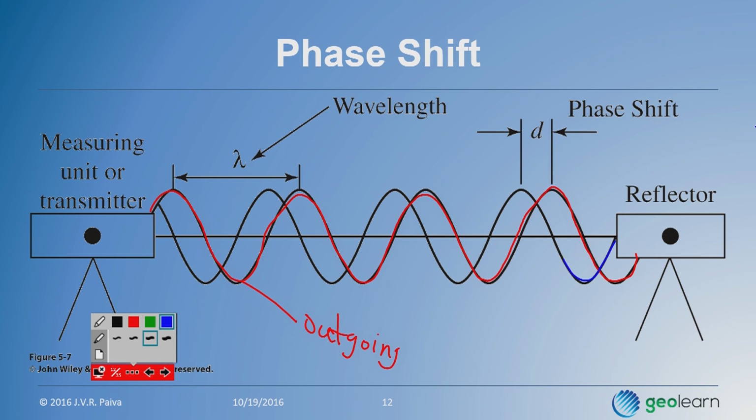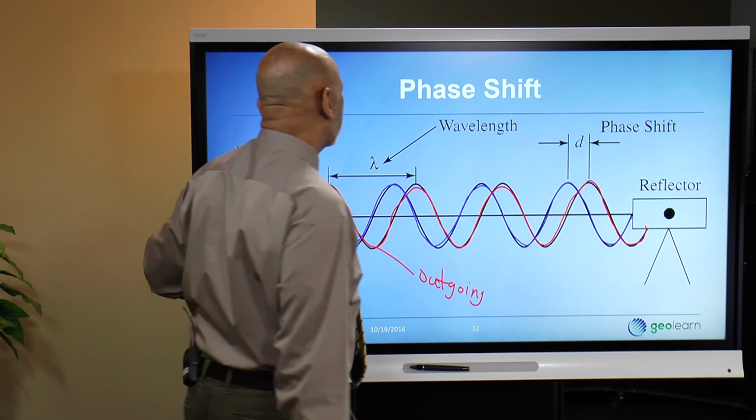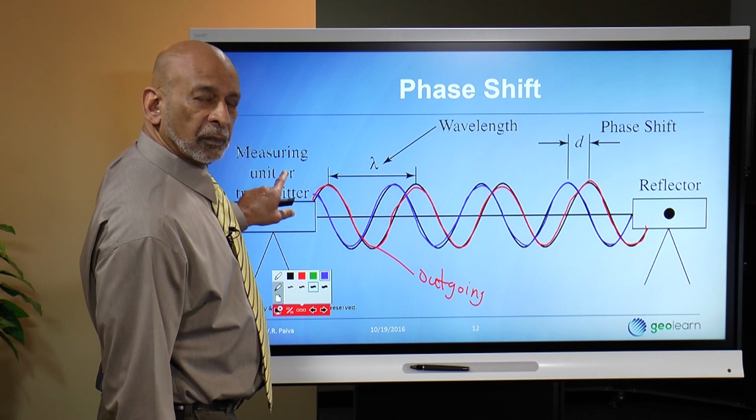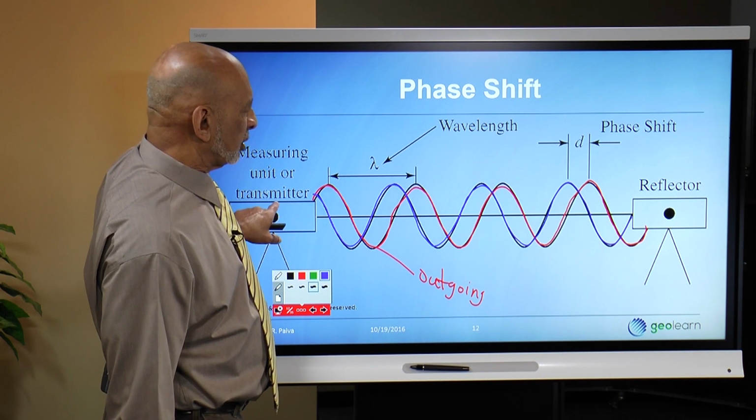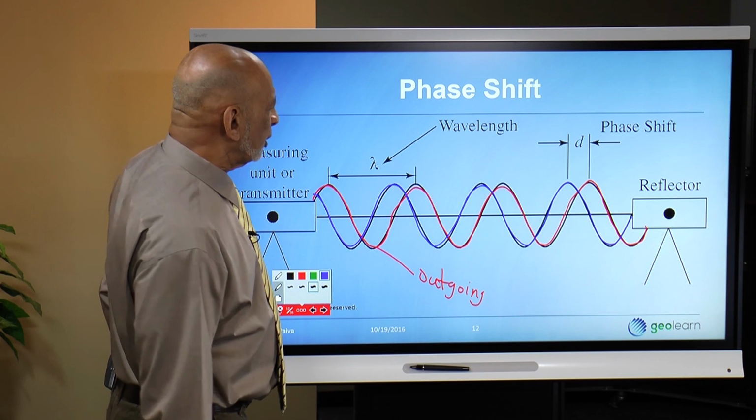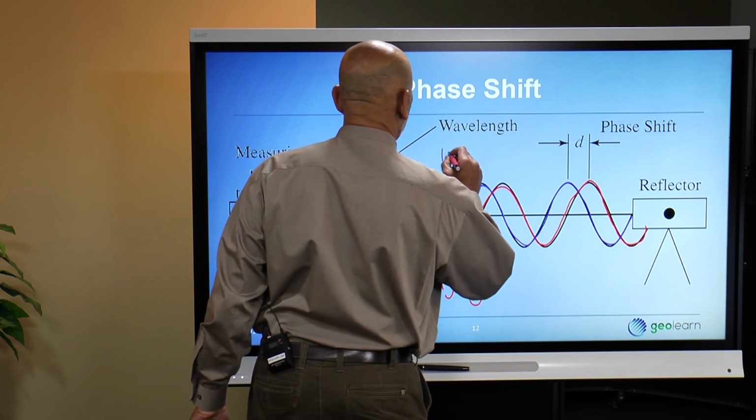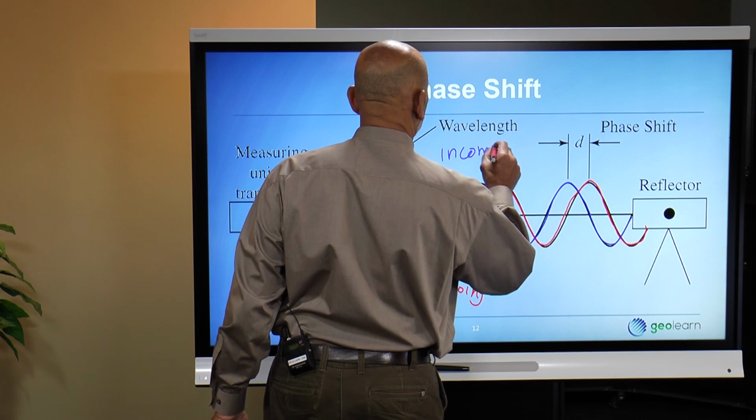And that's what this looks like. And because of this shift, we can measure that very accurately inside the EDM. Even though that shift is shown here as distance d, on the right side, it's actually measured inside the electronic distance meter. And so this is the incoming, what I traced in blue.